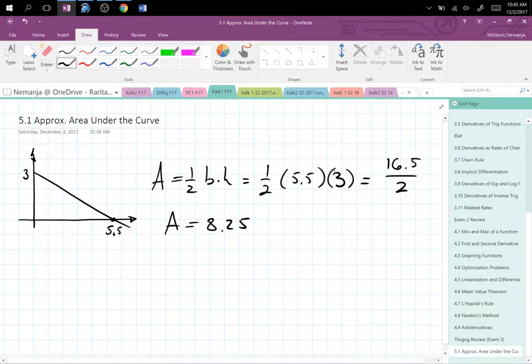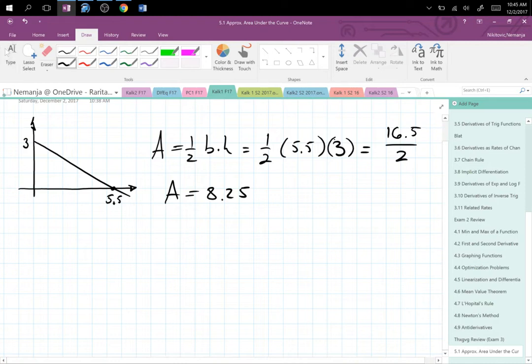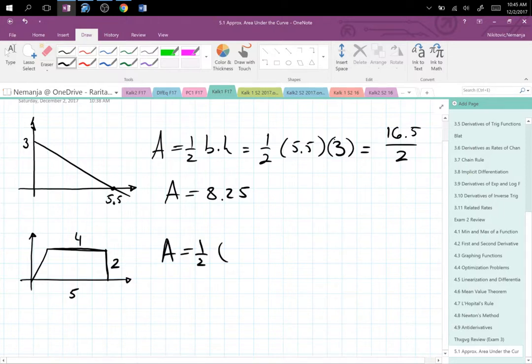Now, if you have a different type of shape, for instance, let's go with a trapezoid. So this trapezoid has, this is 4, this is 5, and this is 2. If you know the formula for area, which is 1/2 (a plus b) times the height, we just put 1/2 and then 4 plus 5 times 2, so the area is 9.